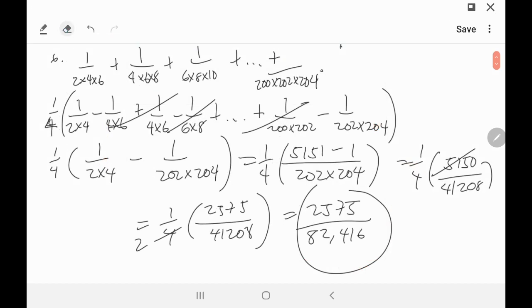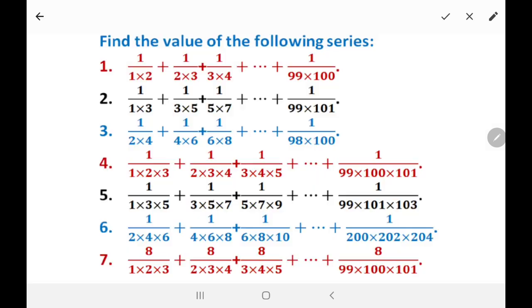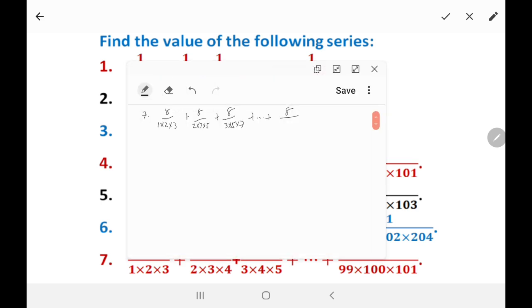Let's erase all this again. Number 7, 8 over 1 times 2 times 3 plus 8 over 2 times 3 times 5 plus 8 over 3 times 5 times 7, and the pattern continues to 8 over, let's check again, 99 times 100 times 101.